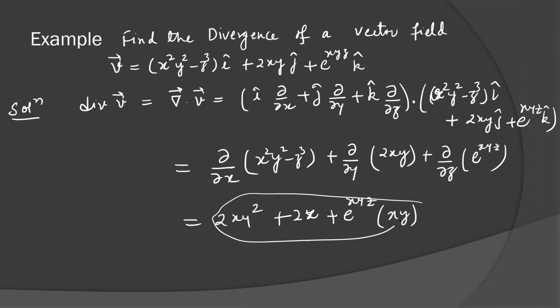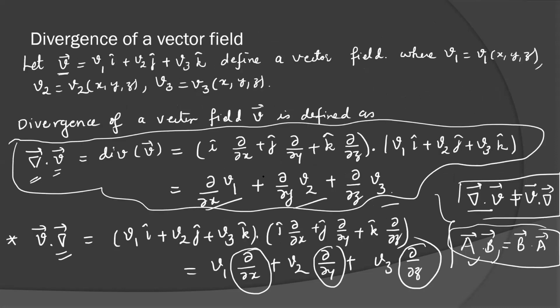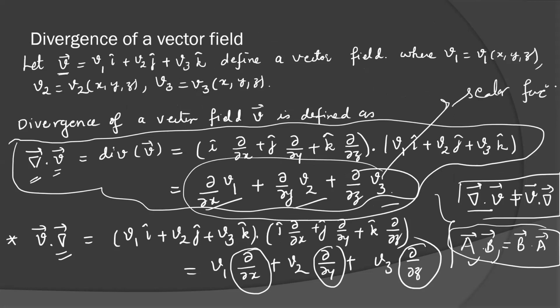You can see that the output is a scalar value. The output is a scalar function. So remember, the divergence output is always a scalar function.